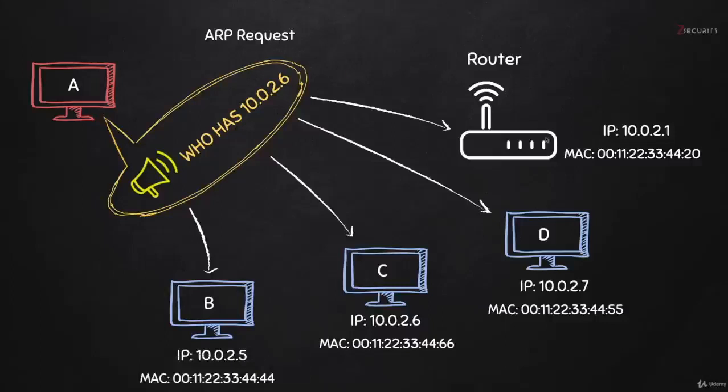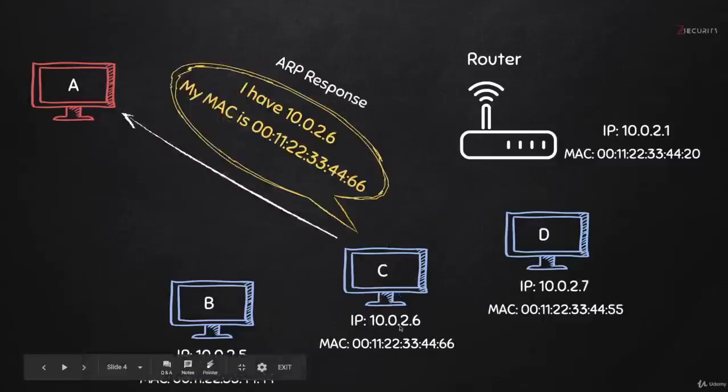Now, all of these devices will ignore this packet except the one that has this IP address, which is 10.0.0.26, which is device C. So all devices will not do anything, and the only device that will respond is device C, sending an ARP response.